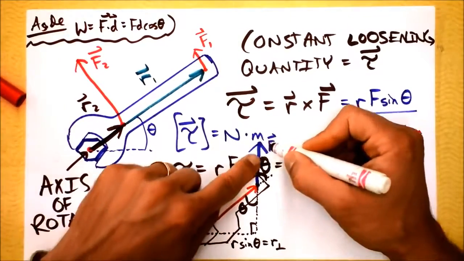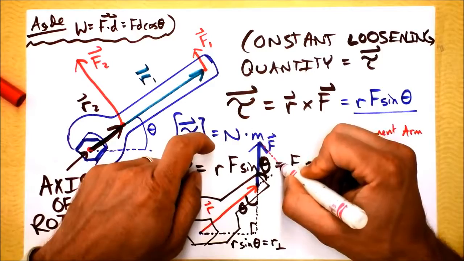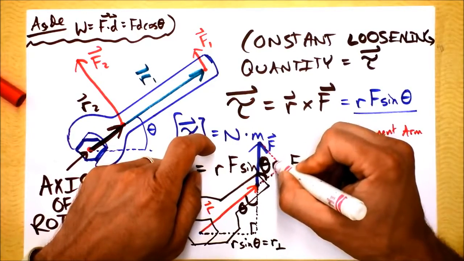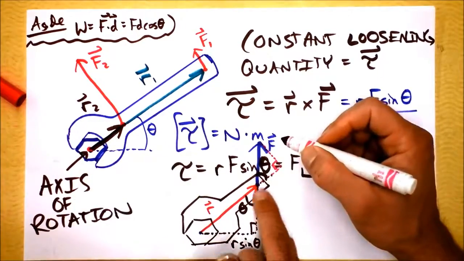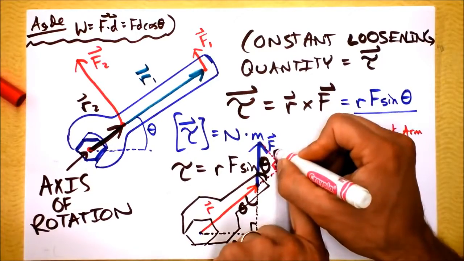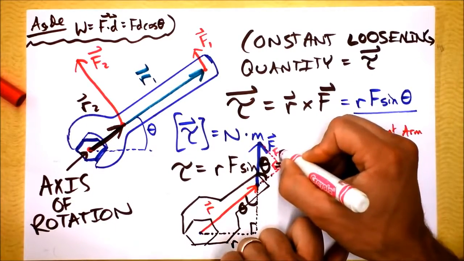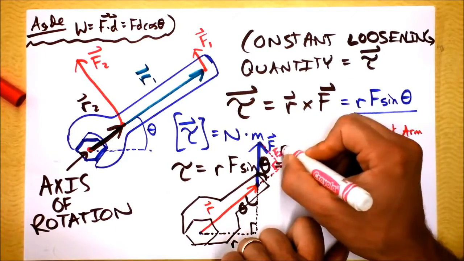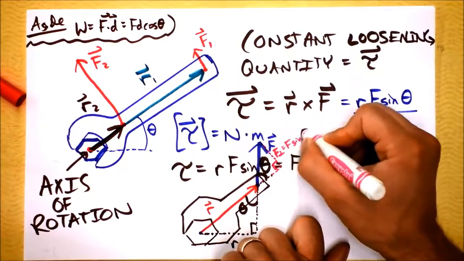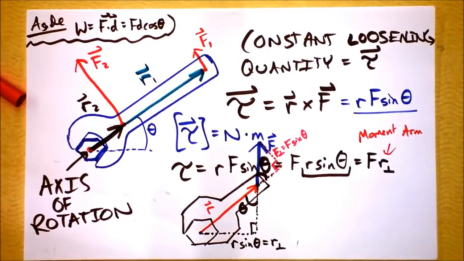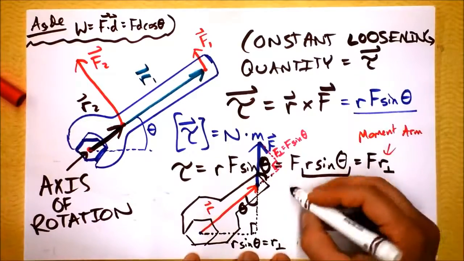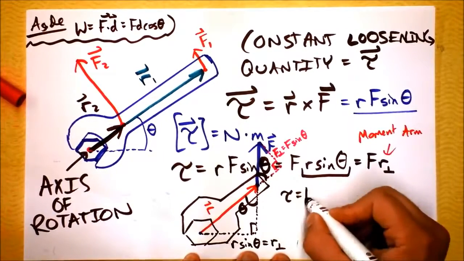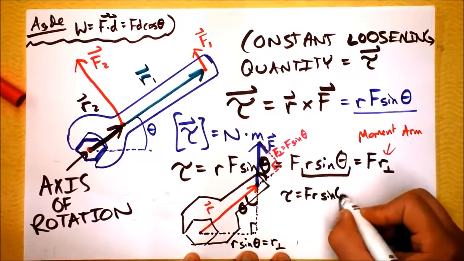Notice that I could take this force and find out how much of the force is at a right angle to the distance. And that's this over here, right? This is F perp, or F times sine theta. I hope that nobody's surprised if I continue to write that torque is F R sine theta.